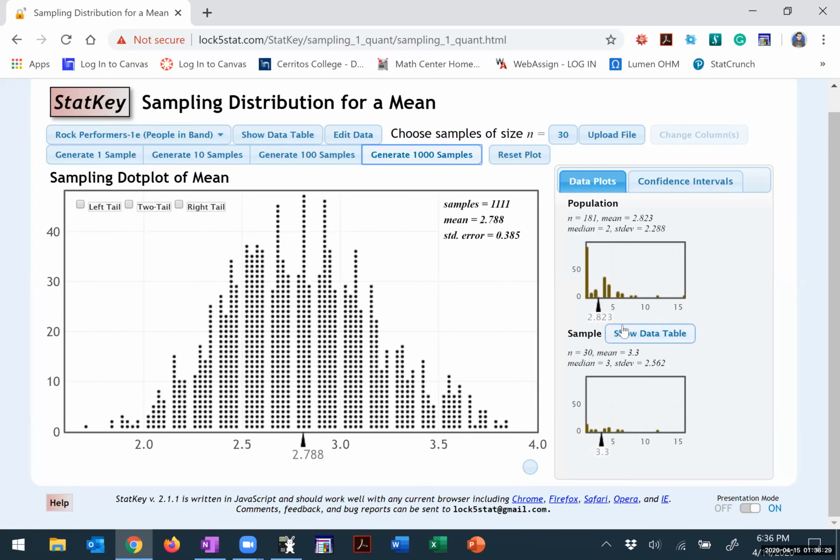The mean here matches closely to the mean of the original data, but the shape of the data is completely different.